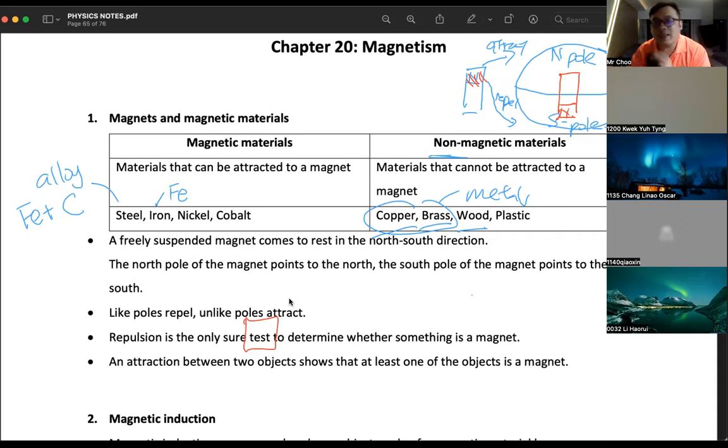Clear? So the only way to test whether this is a magnet is to use a magnet and do a repulsion test. Okay, if there is a repulsion, then you can confirm that something is a magnet. Is that clear? Okay, if you are clear about this, give me a thumbs up.